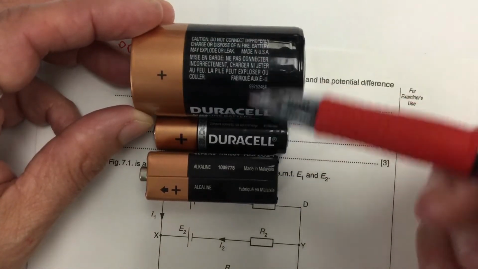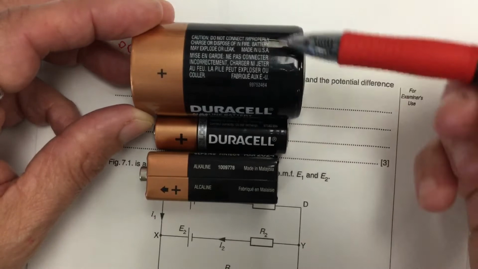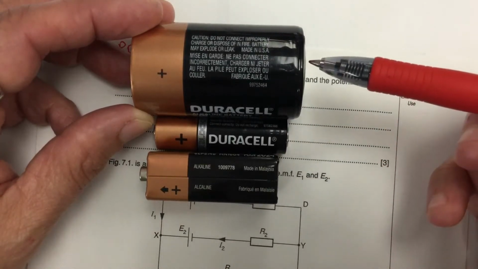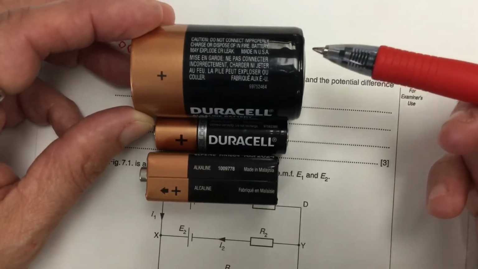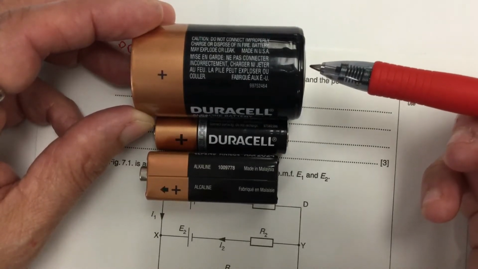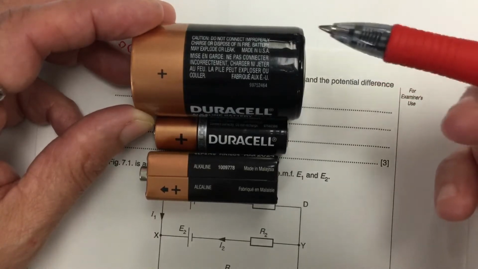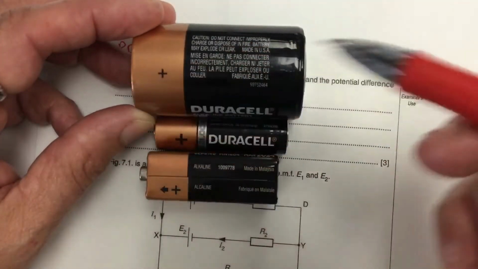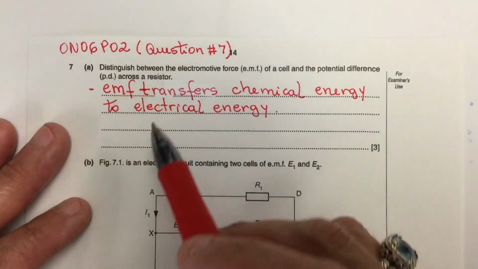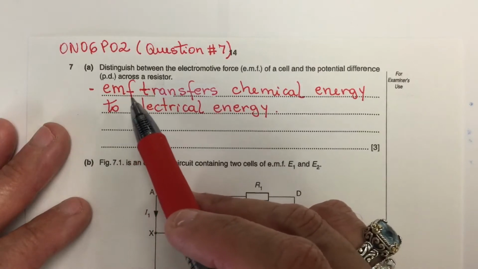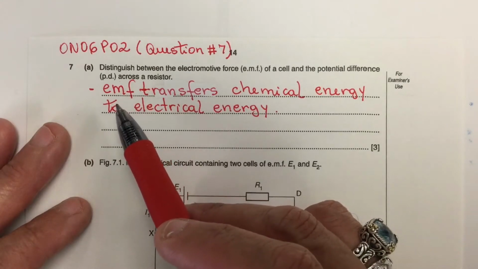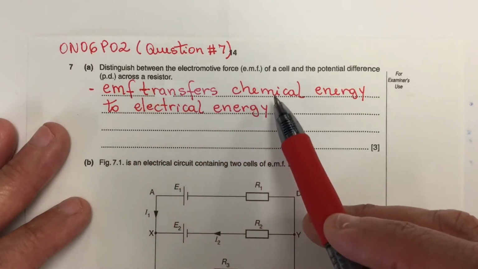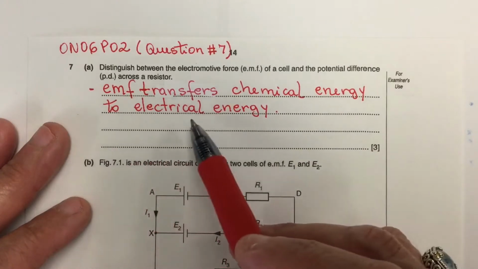The principle of the battery is that there is a chemical composition inside each battery that transforms chemical energy into electrical energy by moving electrons from one side of the battery to the other. This is the definition of EMF, the abbreviation for electromotive force: it transfers chemical energy to electrical energy.